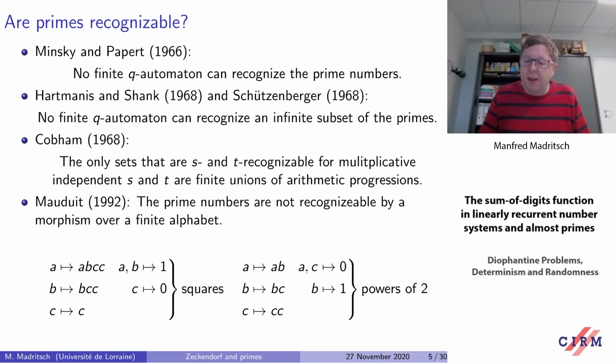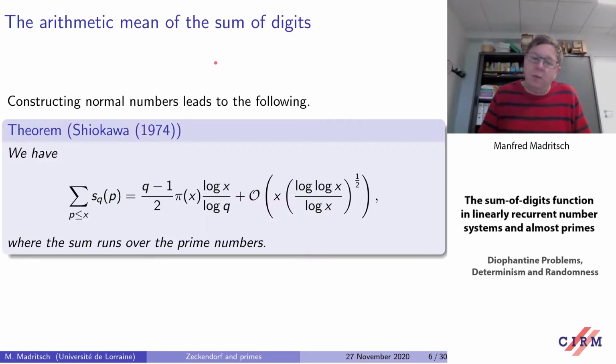And so on this front, there's no hope that we can easily detect prime numbers. But on the other hand, if we cannot detect them, then let's look if they are behaving like the average does. One of the first things in this respect is to look at the arithmetic mean of the sum of digits function.